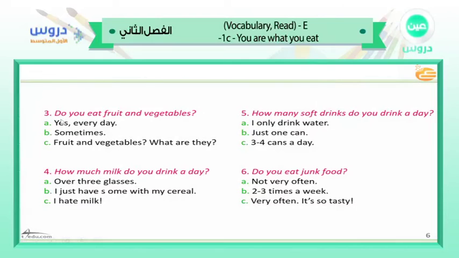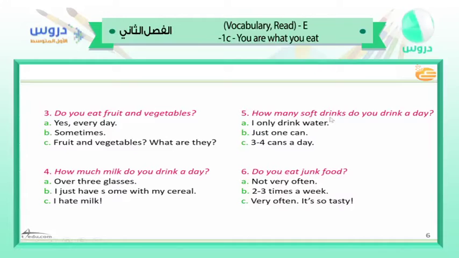3. Do you eat fruit and vegetables? A. Yes, every day. B. Sometimes. C. Fruit and vegetables? What are they? 4. How much milk do you drink a day? A. Over 3 glasses. B. I just have some with my cereal. C. I hate milk. 5.